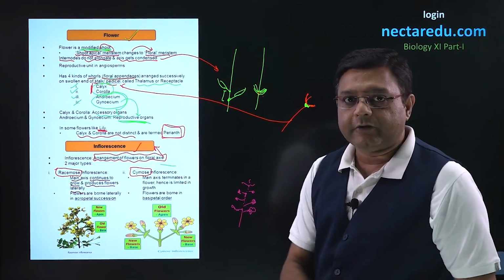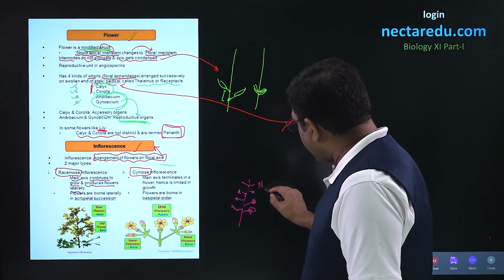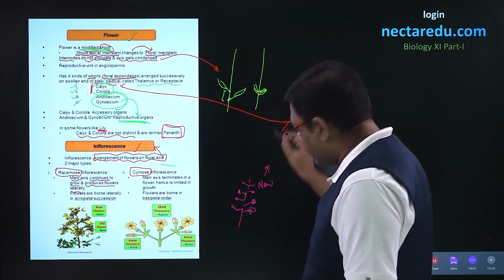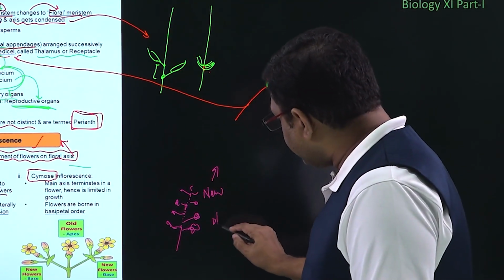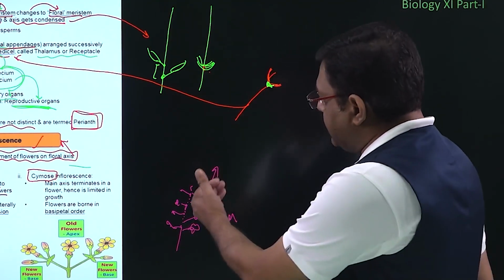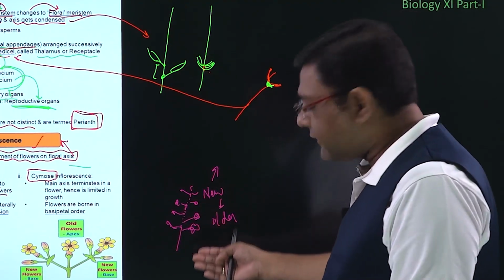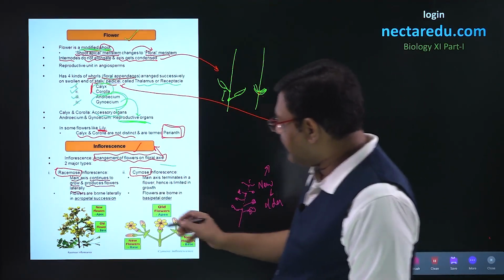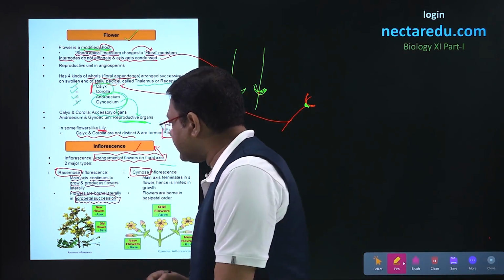In this particular example, we can understand that new flowers will obviously be towards the apex as the axis grows, and older flowers will be towards the lower part. So, if new flowers are on the top and older flowers are towards the base, then this arrangement is called acropetal order or acropetal succession.